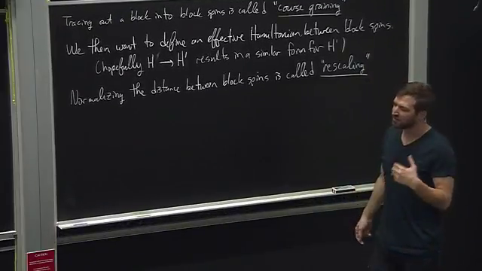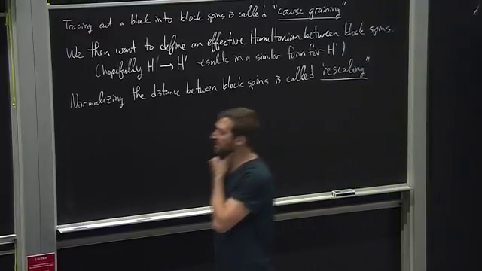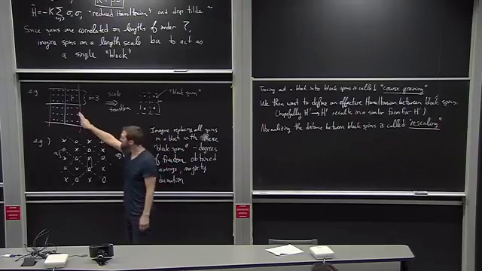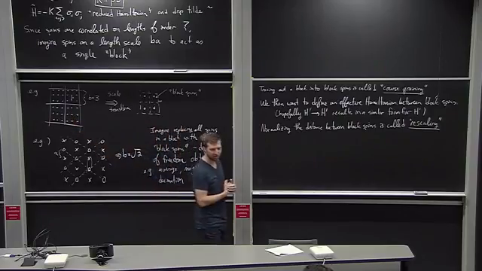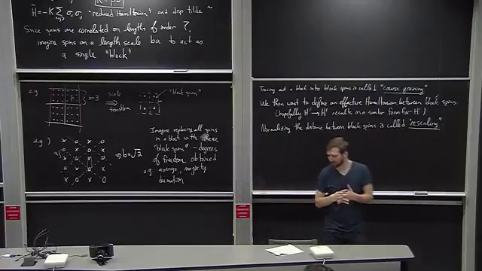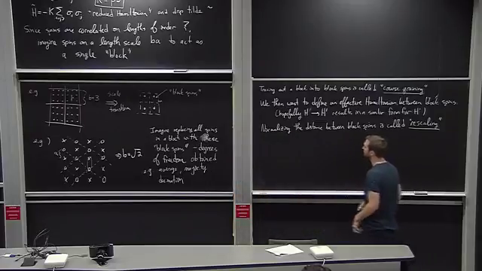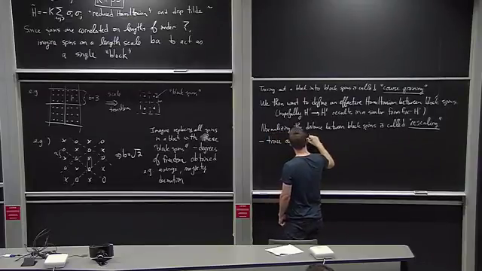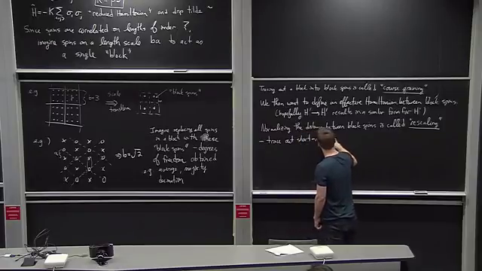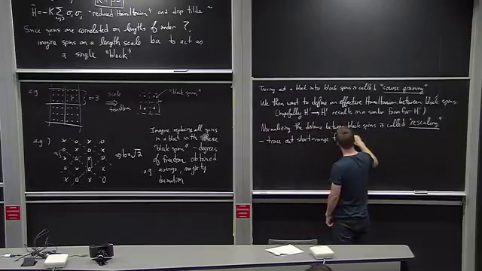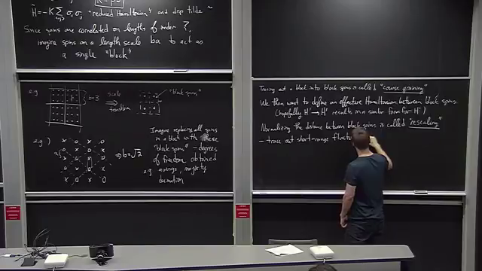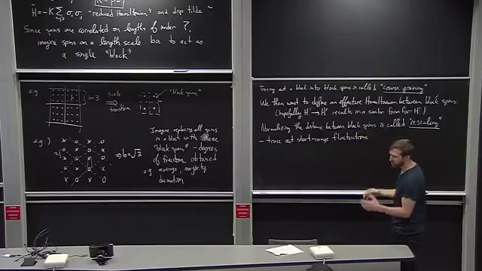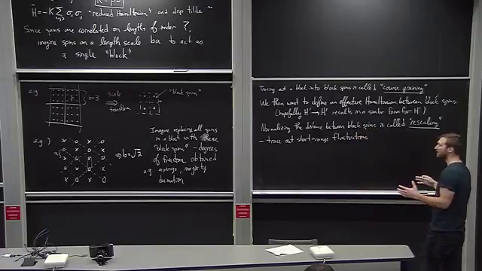And by doing that, just like here you traced out all of these 9 spins, you trace out all the short range fluctuations, and you're focusing on the long distance behavior.